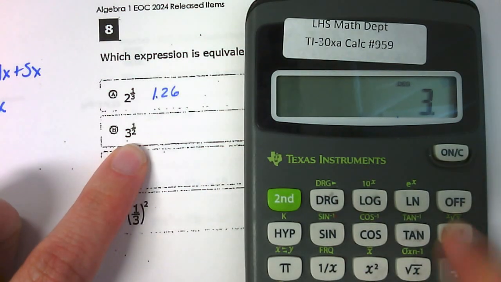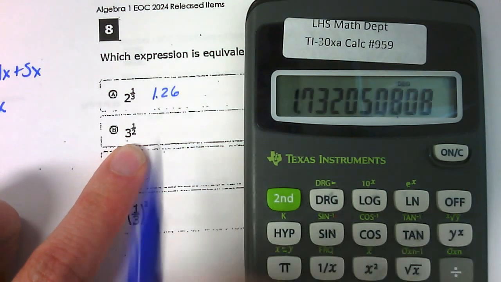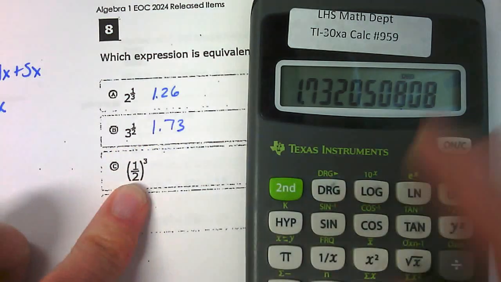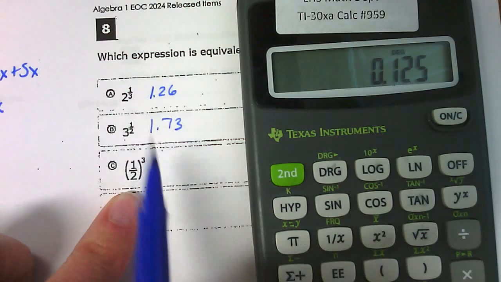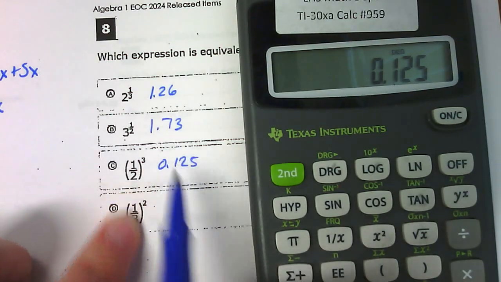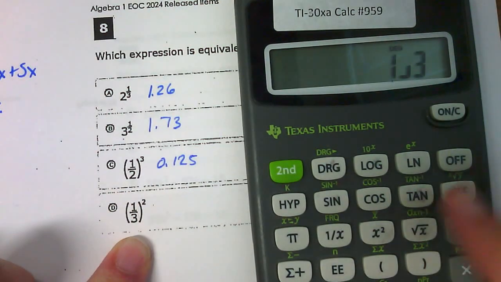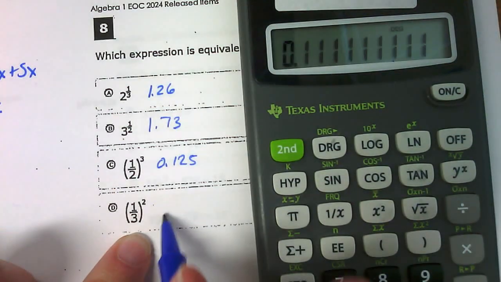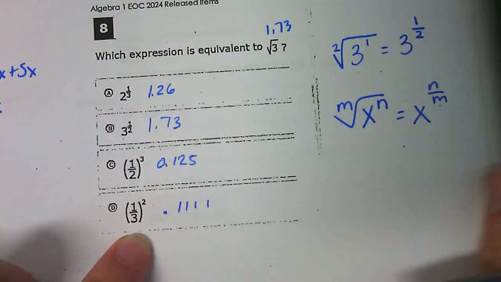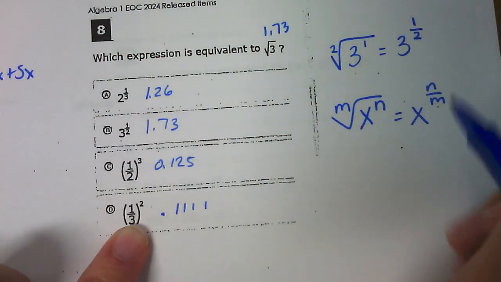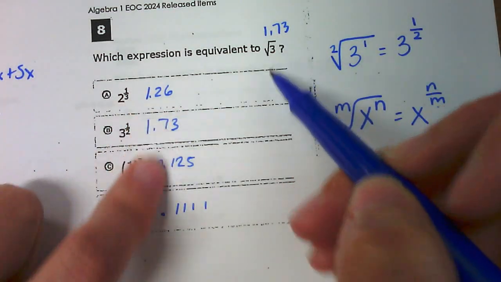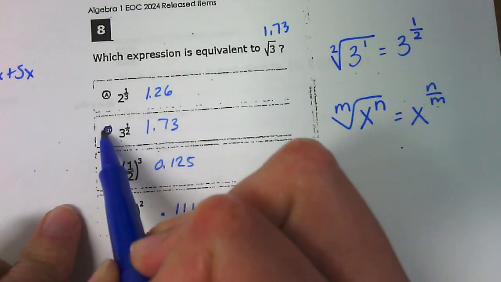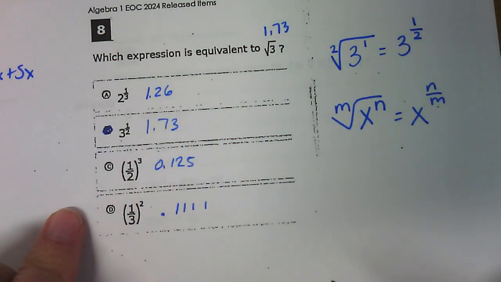I could do 3 raised to the 1/2 and I get my 1.73. I could do 1/2 raised to the 3rd and I get 0.125. And then I could do 1/3 raised to the 2nd and I get 0.1111. So if you completely forgot this rule and you had a multiple choice question like this, use your calculator to help you pick the correct answer. Pick the one that's equivalent.